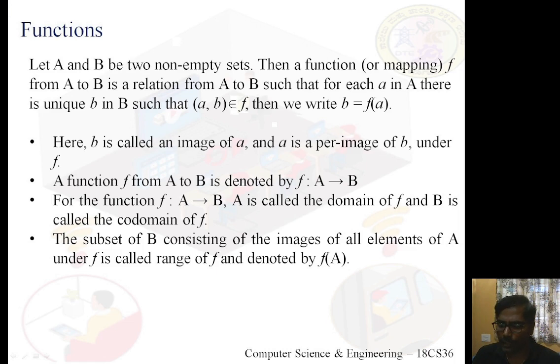Next, see what I said: a function is a relation from A to B in which all elements of the domain, that is set A, are related to exactly one element of the codomain, that is set B. So in functions what we can observe is that not all elements of set B, that is the codomain, appear as an image.